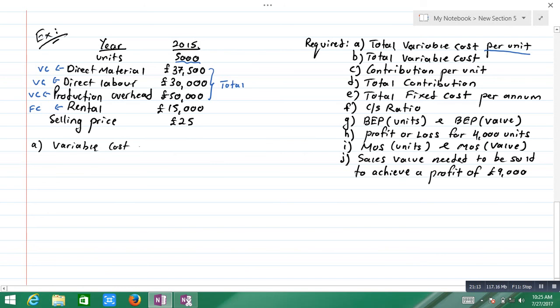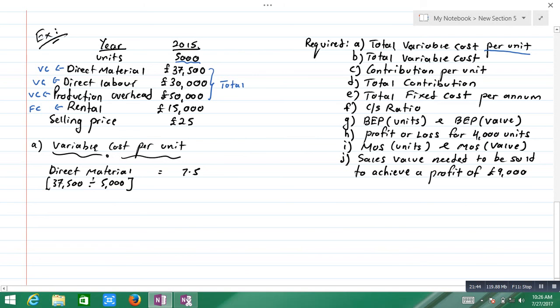How much are you going to get? You'll get 7.5. And then for direct labor, same thing, take 30,000 divided by 5,000. How much are you going to get? You'll get 6.